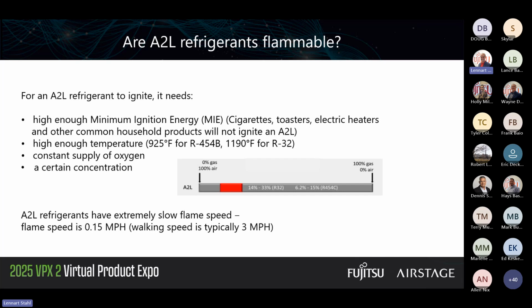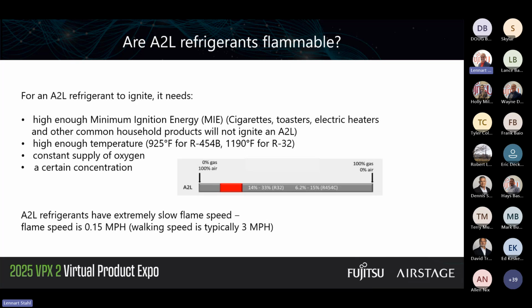Are they flammable? No, not really. They can flame if 4 conditions are met. First of all, they need a high enough minimum ignition energy, MIE. That means that cigarettes, toasters, electric heaters, and other household products will not ignite an A2L. They also need a high enough temperature of that ignition or spark, and it needs to be more than 1190 degrees Fahrenheit for R32.